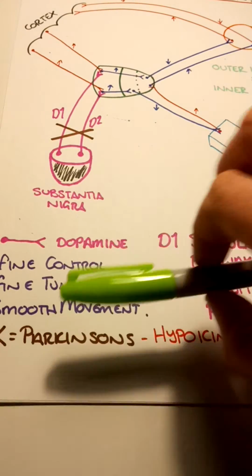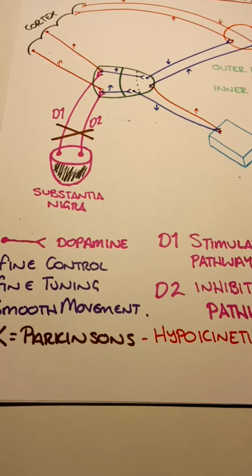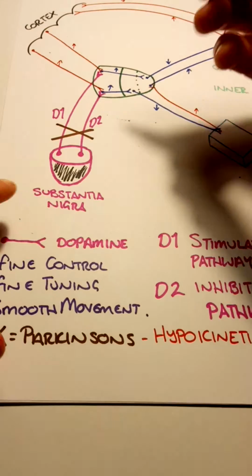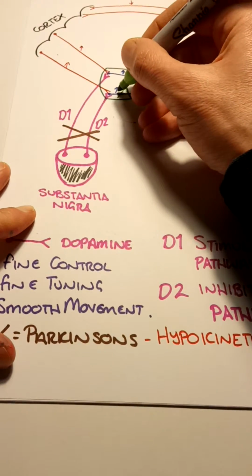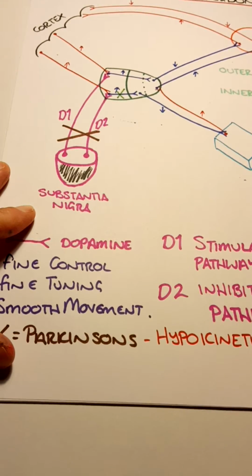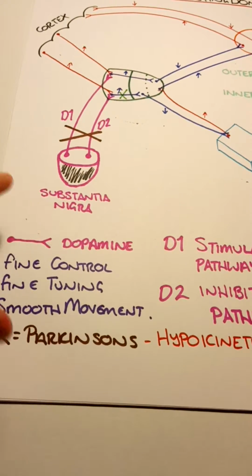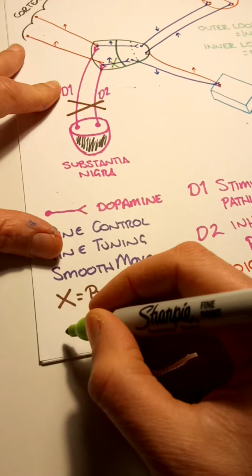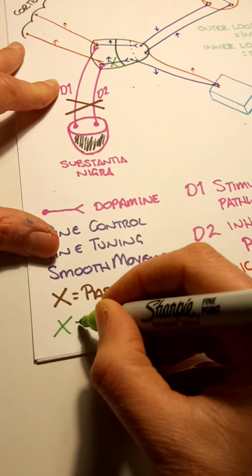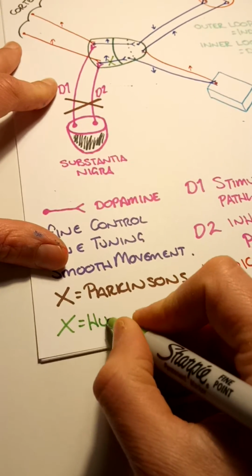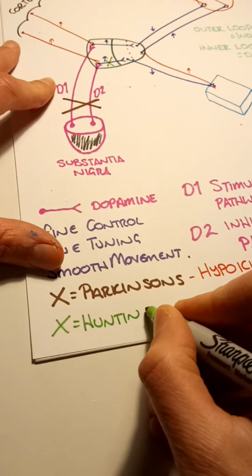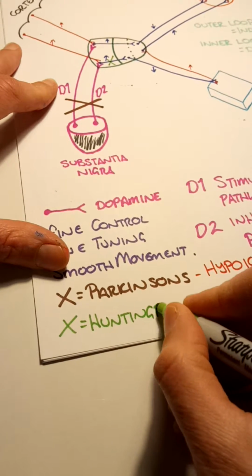So, green. Huntington's, right, affects this part here. That part of the indirect pathway. Okay. So write that there. Is Huntington's.